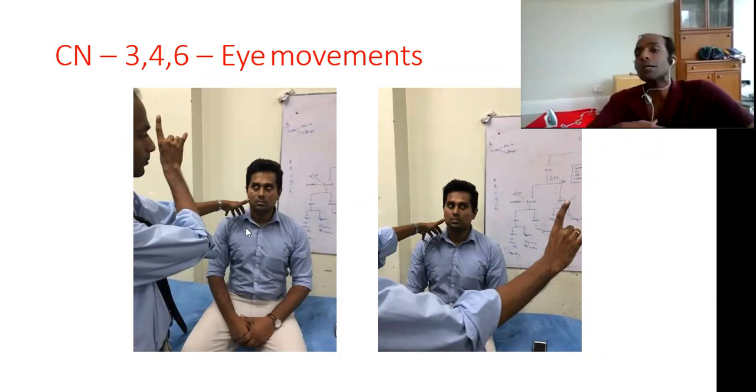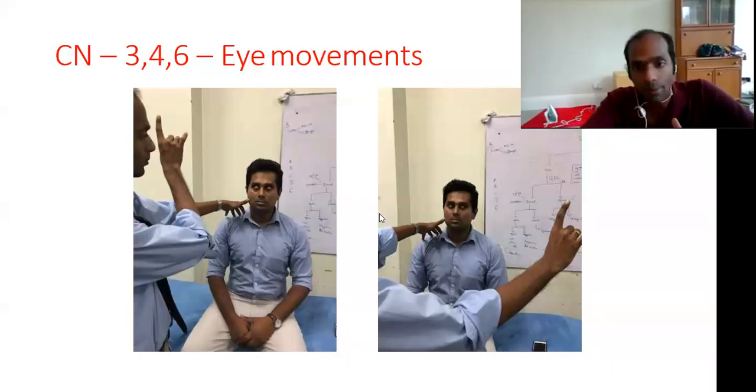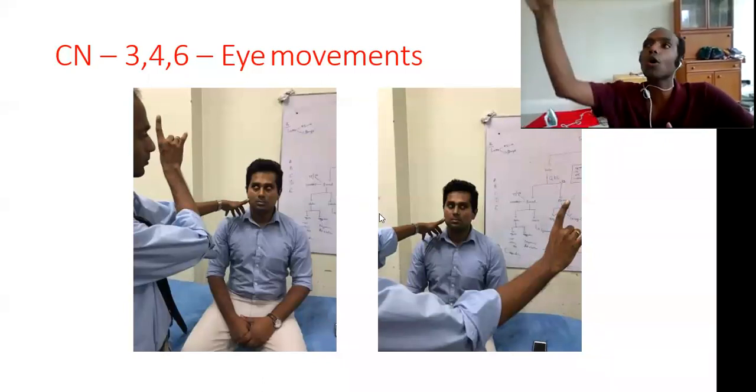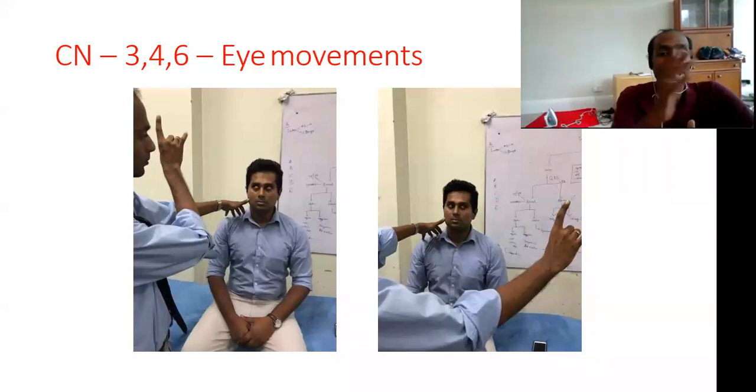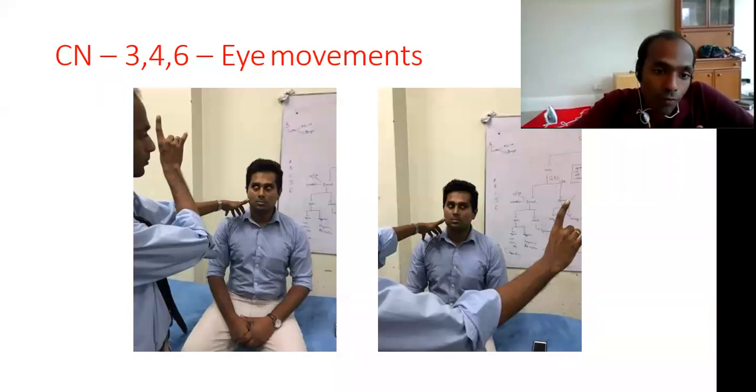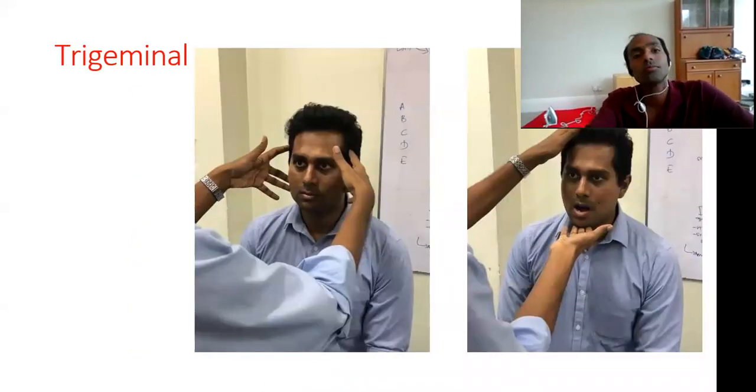The 4th nerve supplies superior oblique, and the 6th nerve supplies the lateral rectus. This is basic anatomy that you need to remember, right? So make sure that you move your finger in the shape of an H. So that is 3, 4, and 6.